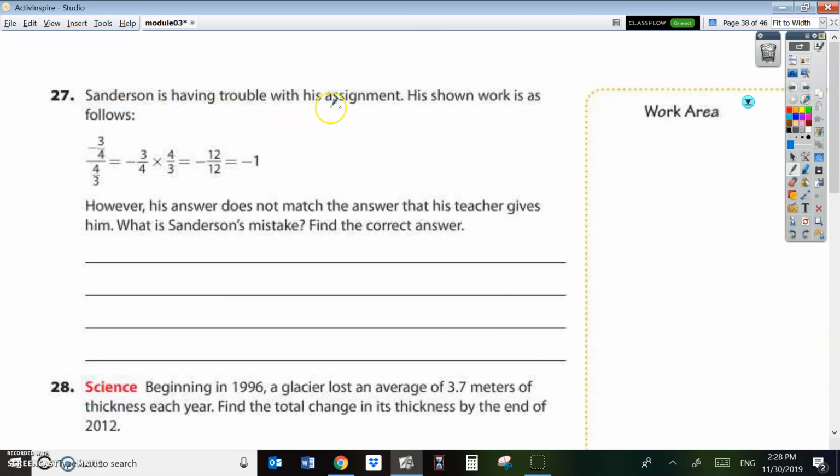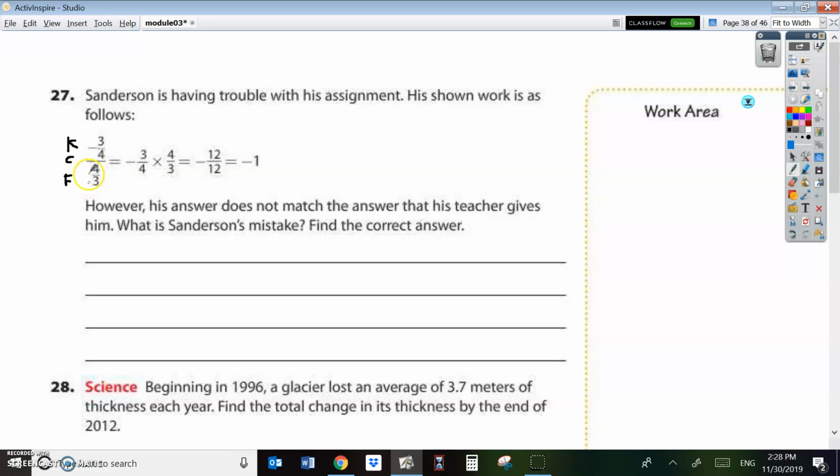Sanderson is having trouble with his assignment. His shown work is as follows: negative 3/4 divided by 4/3, negative 3/4 times 4/3 equals. Okay, but this doesn't match the answer his teacher gives him. What's his mistake right here? He should be following the steps for dividing fractions: keep, change, flip.